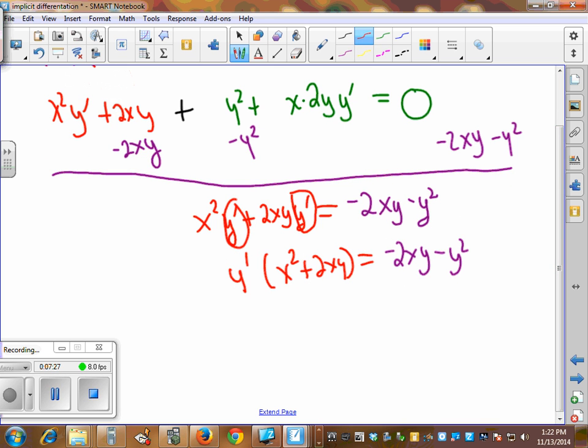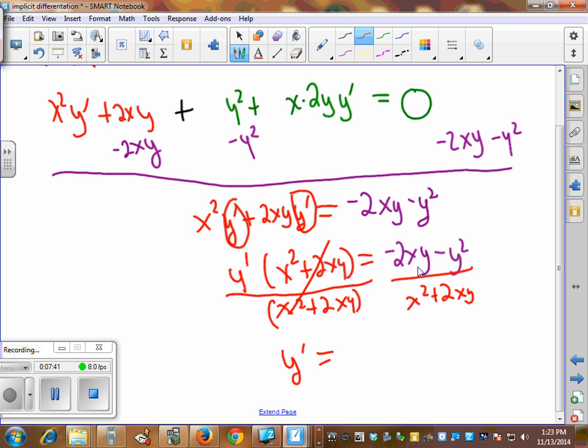Our next step will be to divide both sides by x squared plus 2xy. These cancel. And we're left with y' is equal to all of this.